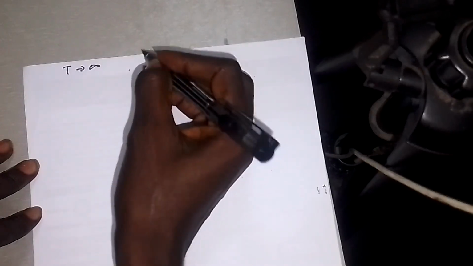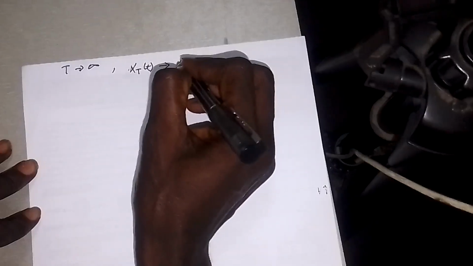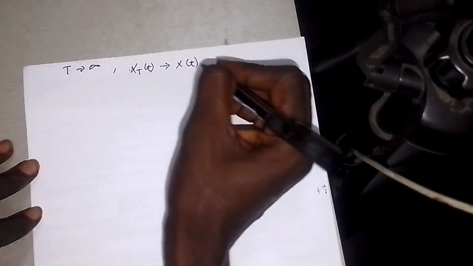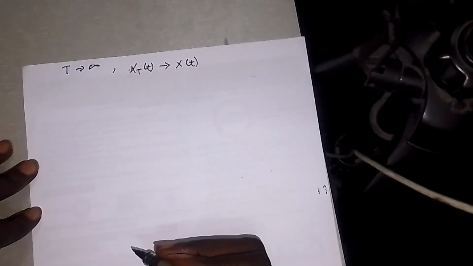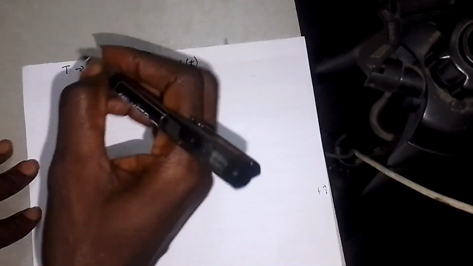What it means is that this x_T of t will also be approaching x of t. It will be approaching its original continuous time form.